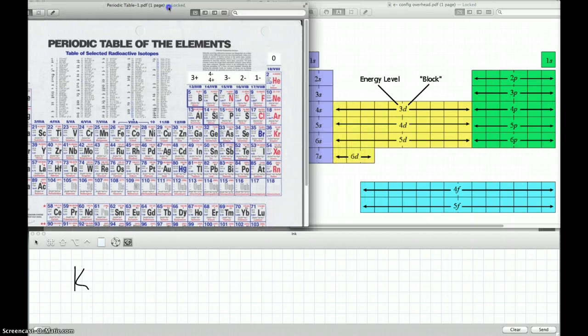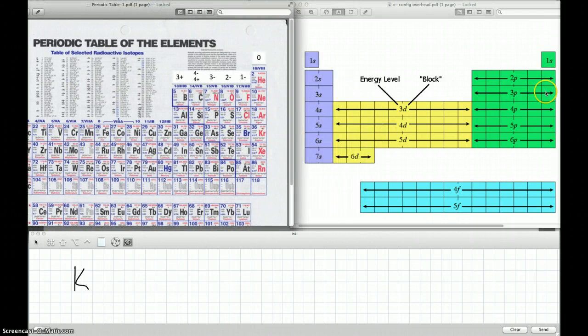What is that? 1, 2, 3, it's argon. So what I do is I put argon in brackets, and I start counting at argon, which is right here. So after argon comes 4s.